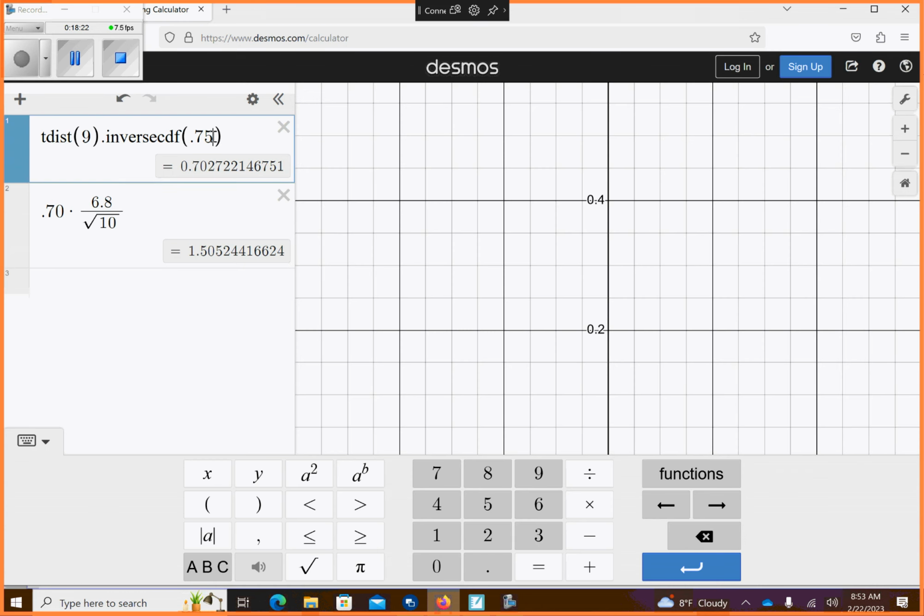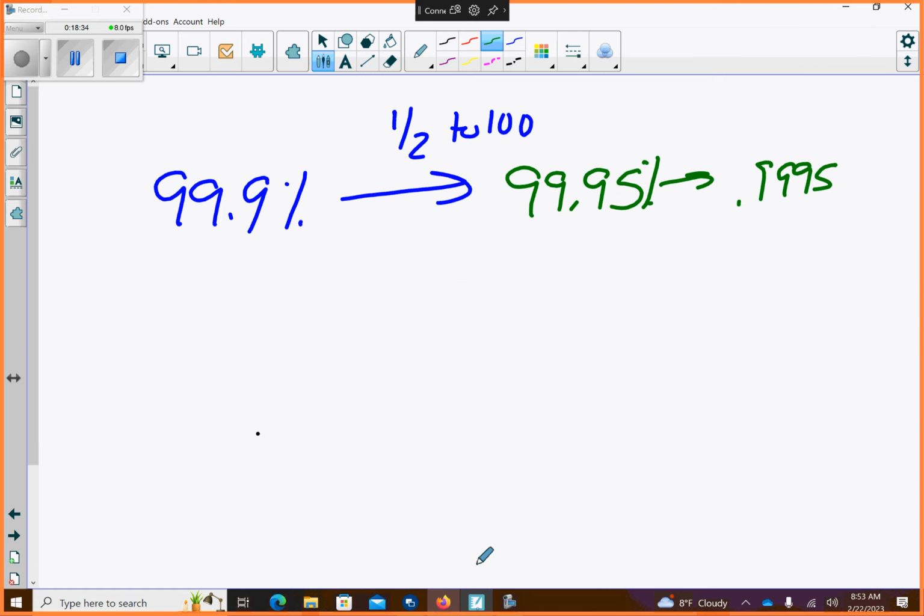So if I wanted to do this as a confidence interval, I'm going to change this to 0.9995. And notice how broad our confidence interval goes. It then goes up to 4.78. That is our t star.